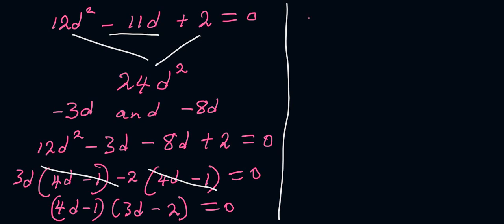So at this point, we can set both factors to 0. 4d minus 1 is equal to 0. 3d minus 2 is equal to 0. So now we can isolate 4d by adding 1 to both sides.